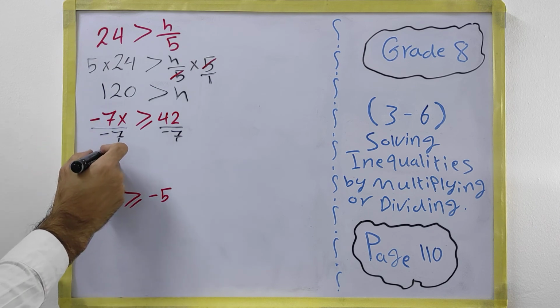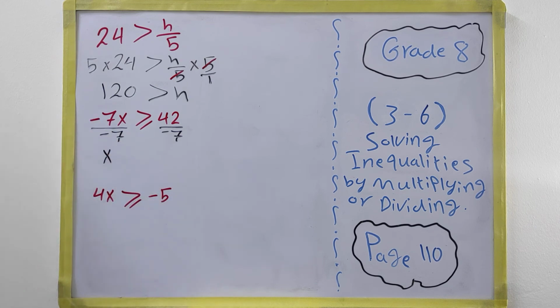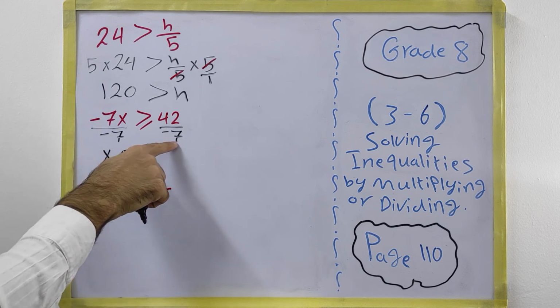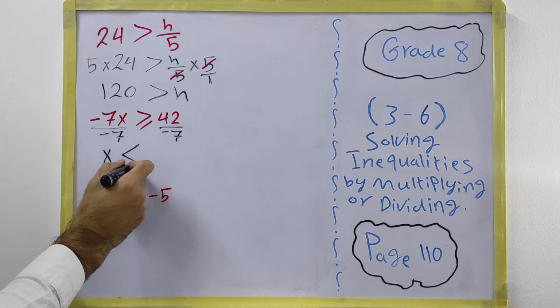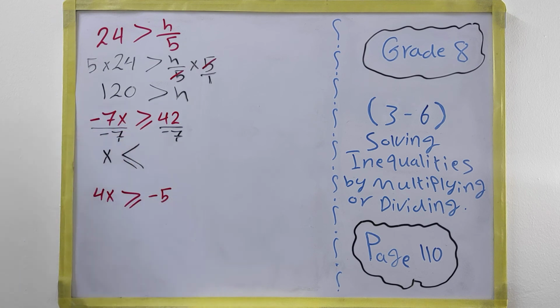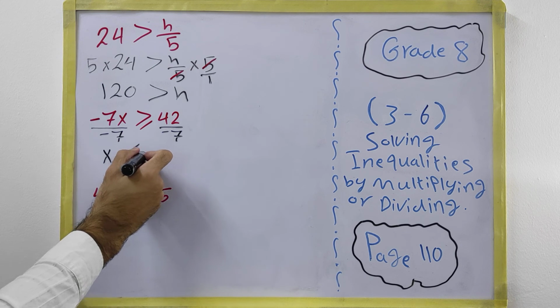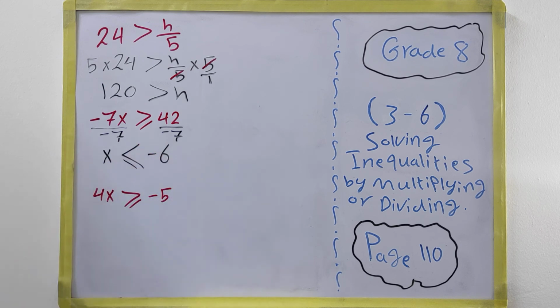Negative 7 divided by negative 7 would be 1x. We divided both of the sides by a negative number, so the sign would be changing like that. 42 divided by negative 7, the result would be negative 6.